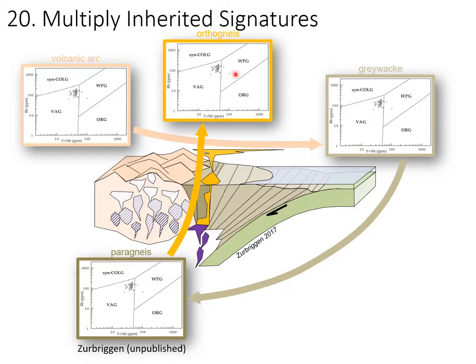So the volcanic arc signature of the orthogneiss is not indicating its tectonic environment, but it's indicating an inherited signature which was inherited from a sediment, which was inherited from a volcanic arc in the hinterland.